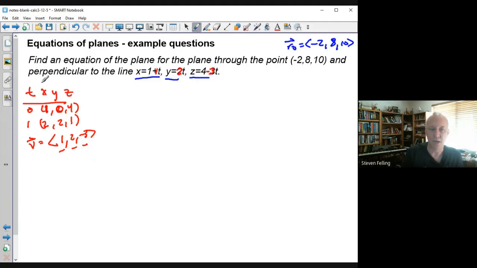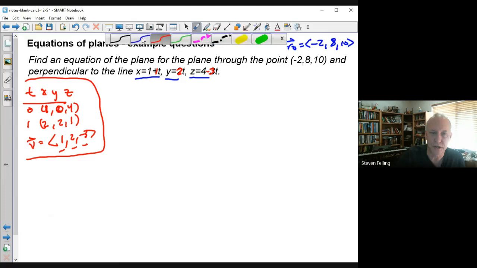So in fact, I'm not going to really do this. I'm just going to say that the components of this line are just the multipliers of the parameters. So it's going to be 1, 2, and negative 3.